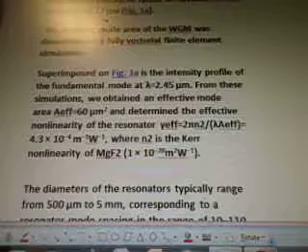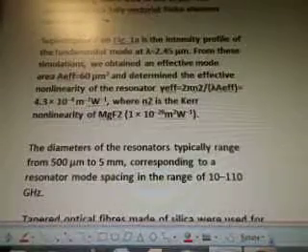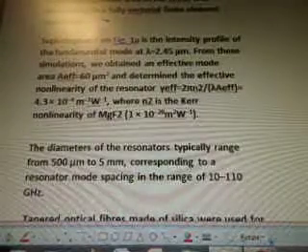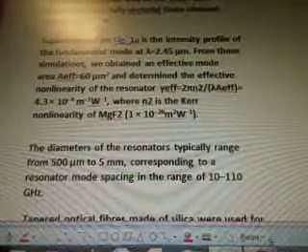From these simulations, we obtain an effective mode area, and then there's a calculation again, with an A_eff to it, and determine the effective nonlinearity of the resonator, and it's a gamma_eff, and then there's a big long calculation there, and it says Kerr nonlinearity, and then another calculation.